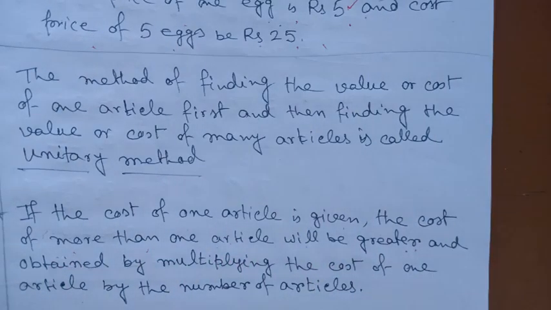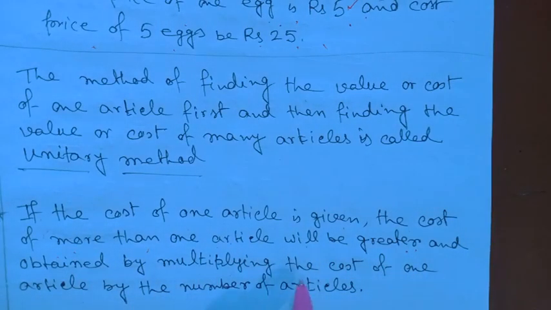Obviously, if cost of 1 egg is rupees 5, then cost of 2 eggs is rupees 10. Which one is greater, 5 or 10? Obviously, 10 is greater. So if the cost of one article is given, the cost of more than one article will be greater and is obtained by multiplying.